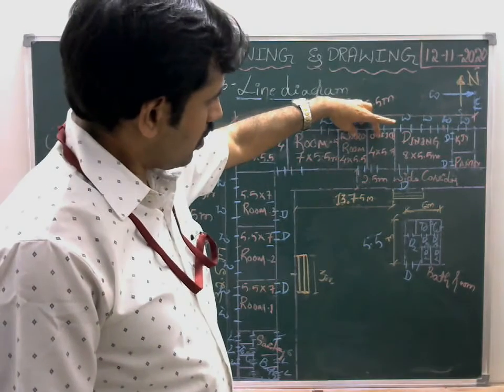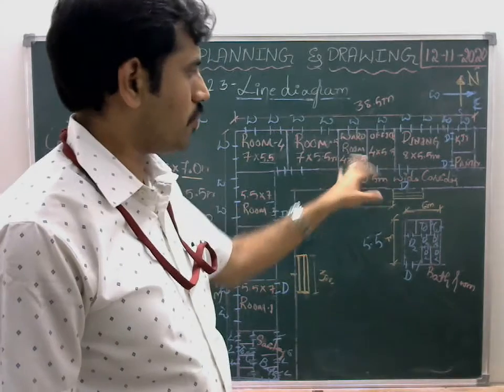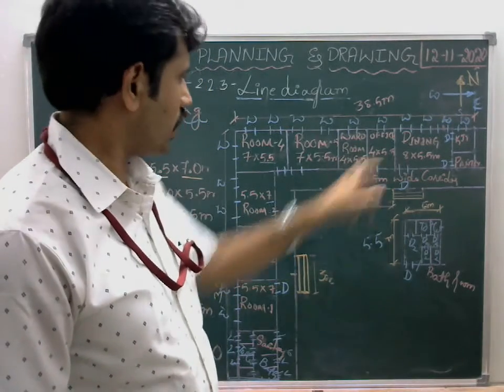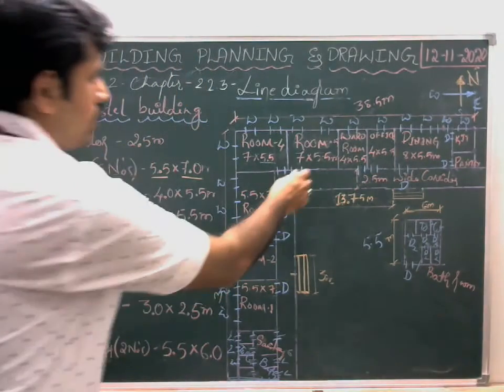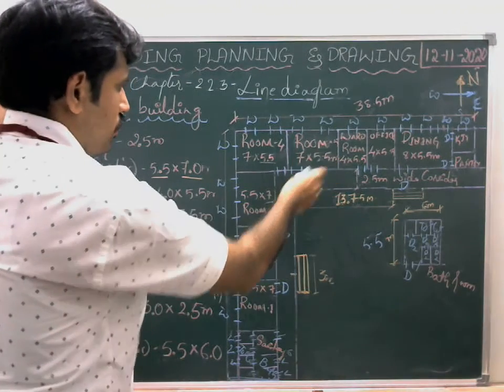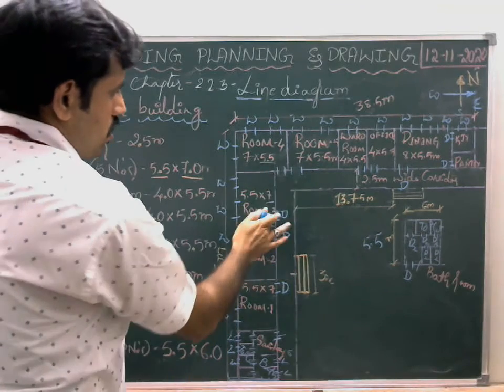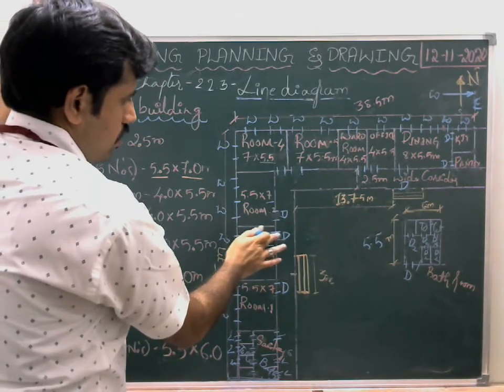These two are adjacent to each other. Why? Because you can move very easily from one room to another, and rooms are provided at one end. So here a door is provided, and here a door is provided.